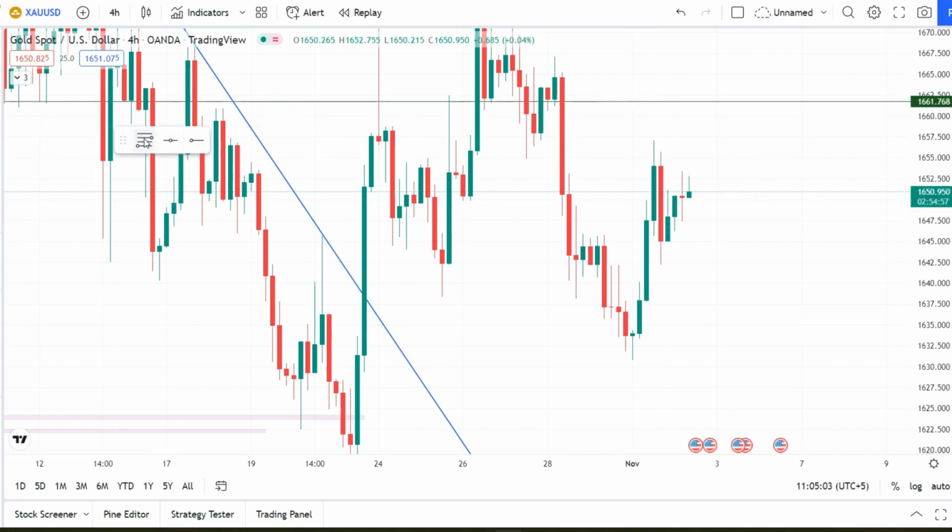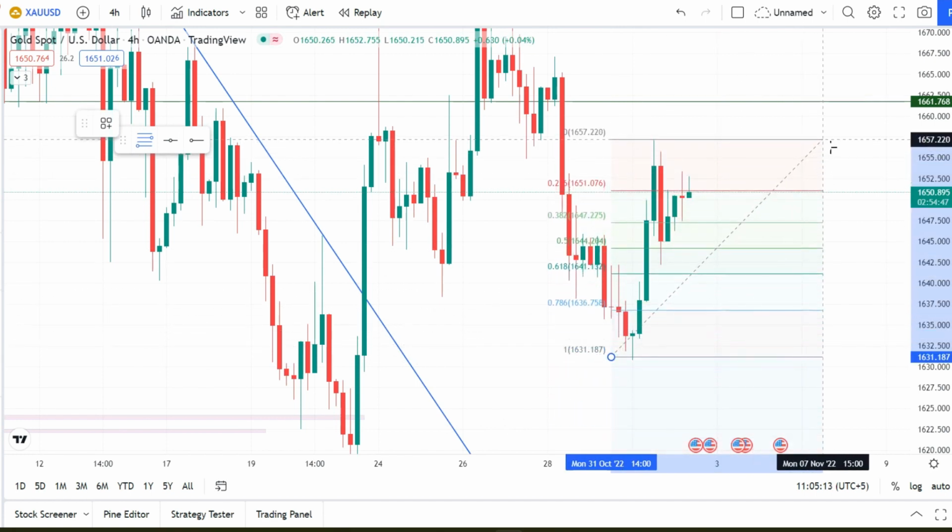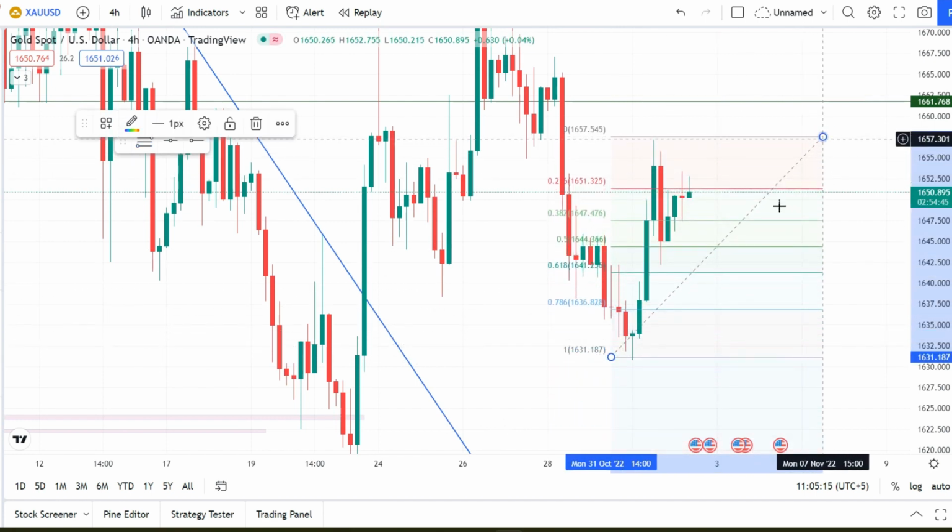If I draw the Fibonacci retracement levels here, it tells me the market has almost completed its retracement. There was approximately a 38.2% retracement level here, but the market was unable to take support from this area. When the market was near the 50% retracement level, it tried to take support, and again it is trying to move upside.